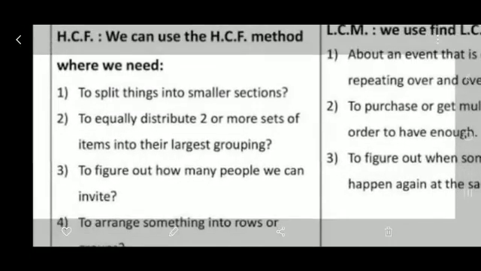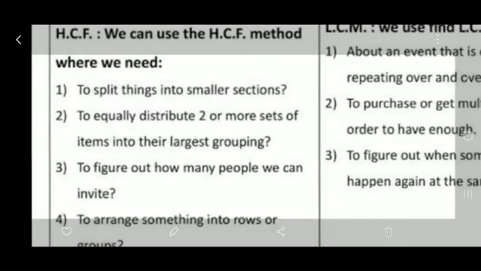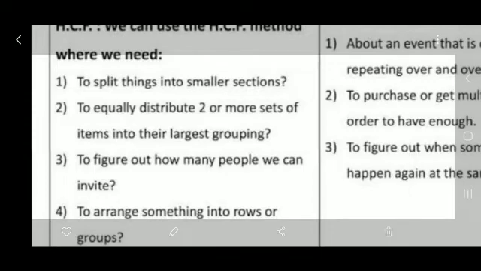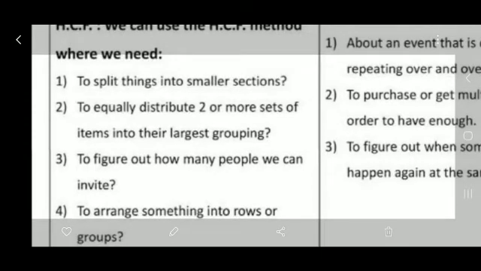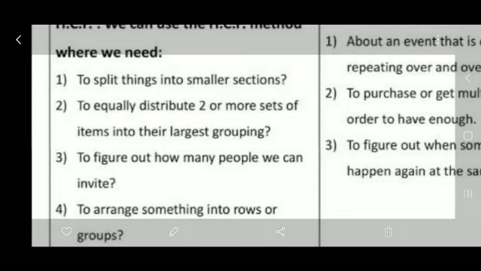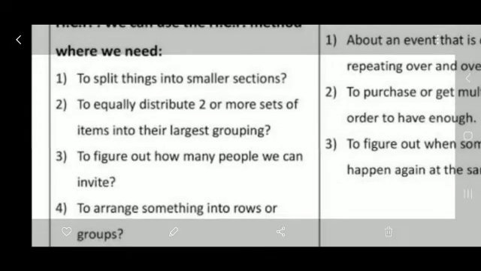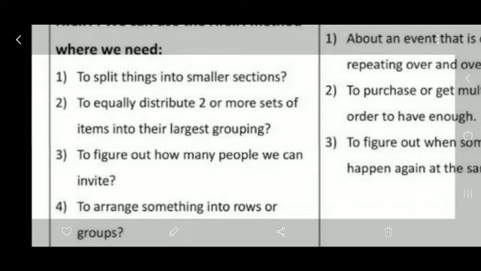First, we can use HCF in situations to split things into smaller sections, to equally distribute two or more sets of items into their largest grouping. If you have some boxes and some mangoes, how can you arrange the maximum number of mangoes in the given boxes?